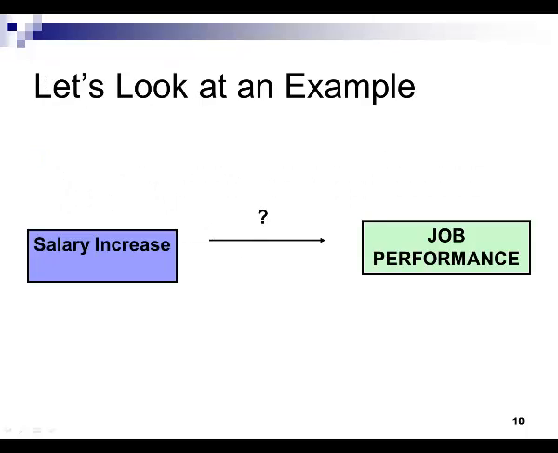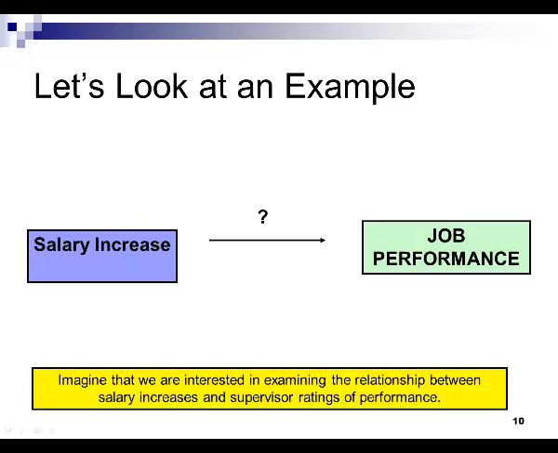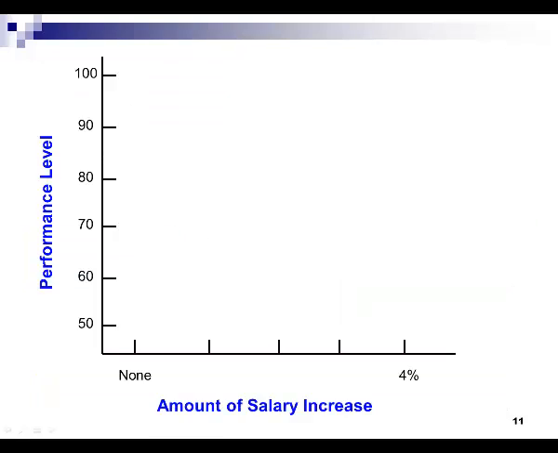So let's look at a different example. Let's say we were interested in looking at the relationship between increases in salary and an individual's job performance. And let's say that we graphed it, and we had two levels of an independent variable here, as in our basic experiment, and one level was no salary increase and the other was a 4% salary increase.